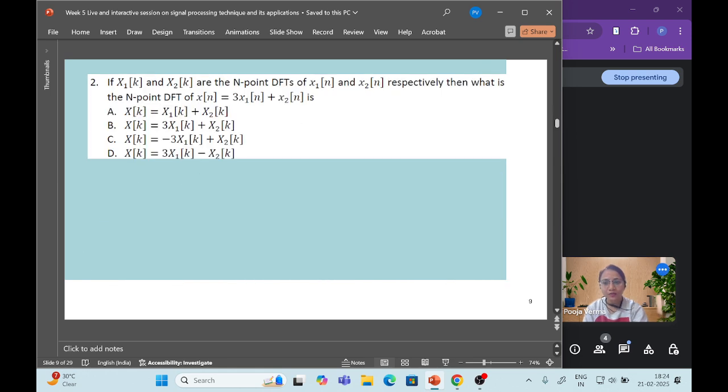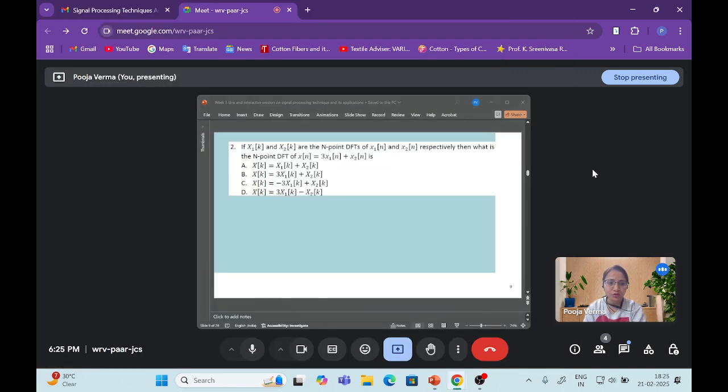If x1 of k and x2 of k are the n-point DFTs of x1 of n and x2 of n respectively, then what is the n-point DFT of x of n, which is equal to 3 x1 of n plus x2 of n? Which option will be correct for this question?